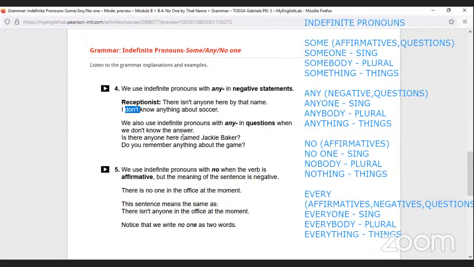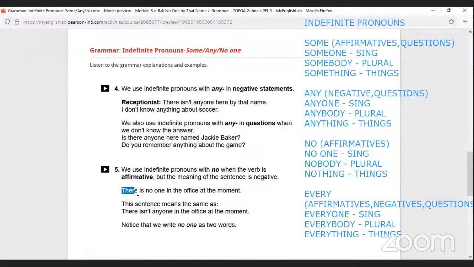The same for questions. Is there anyone here named Jackie Baker? Do you remember anything about the game? So questions, could we use it? Yes, we could. And no, as we were saying, is similar in meaning to any, but we only use it in affirmative sentences.